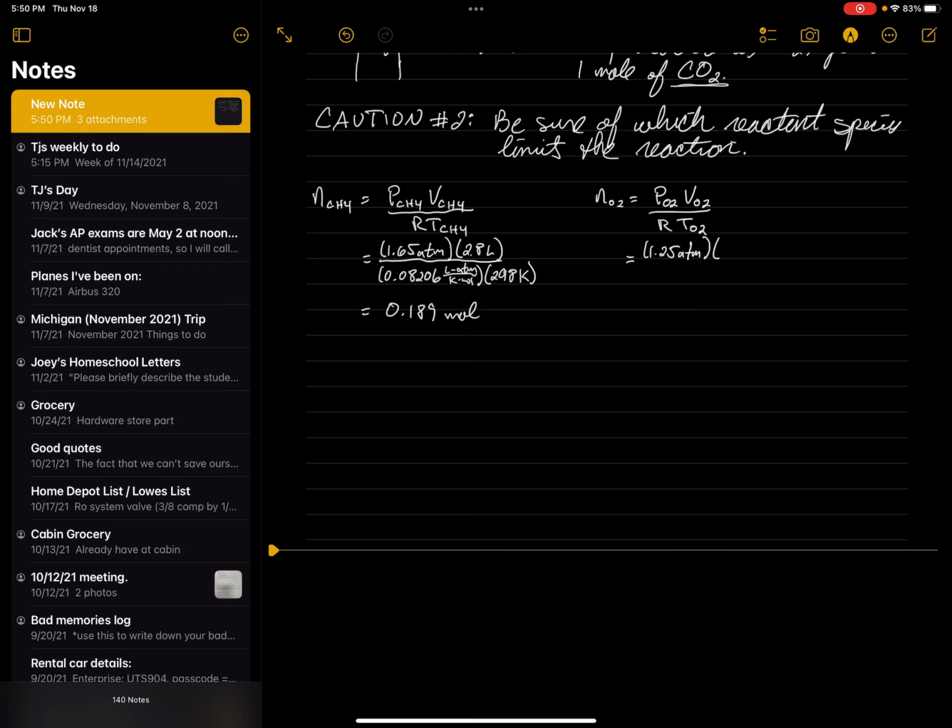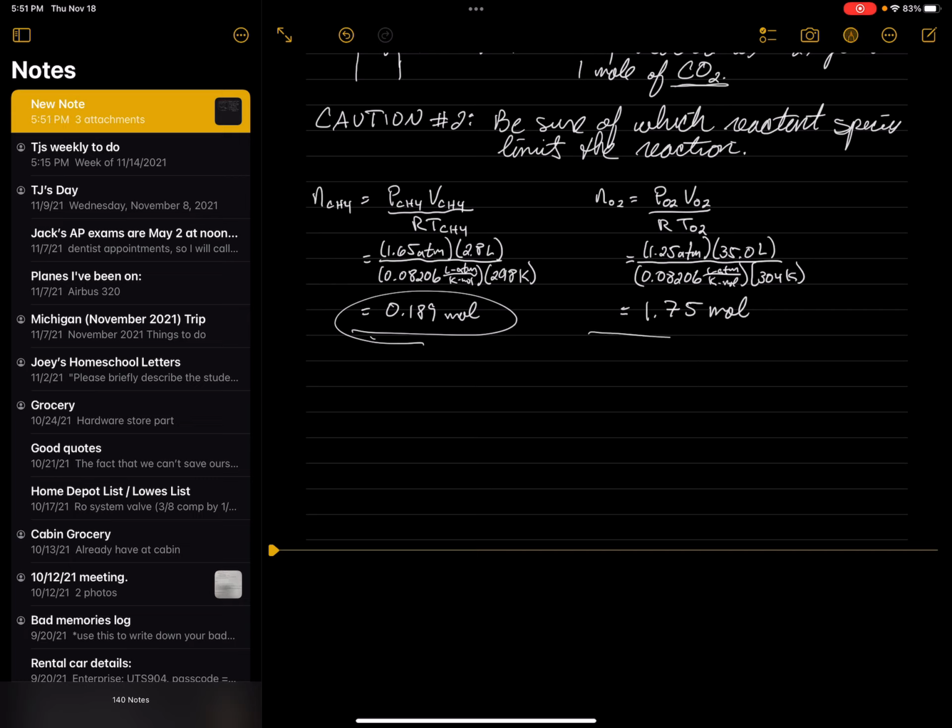The volume of oxygen is 35 liters, divided by our good friend R, and times the temperature, which is 304 Kelvin. We plug all of this into a calculator and we get that the number of moles of oxygen is 1.75 moles.